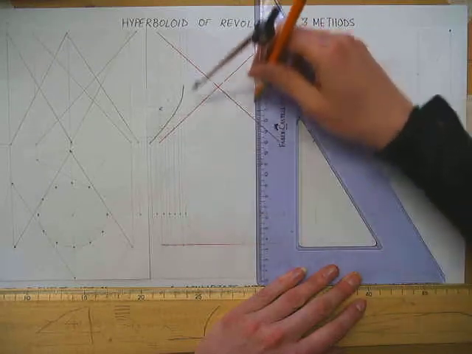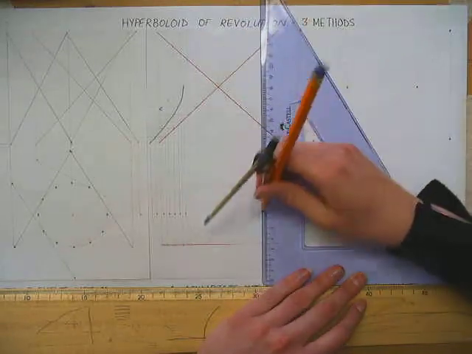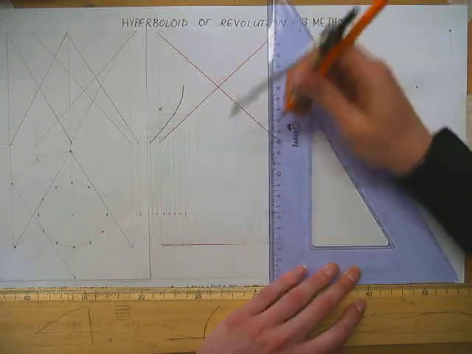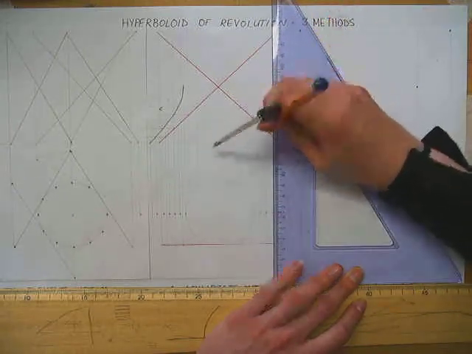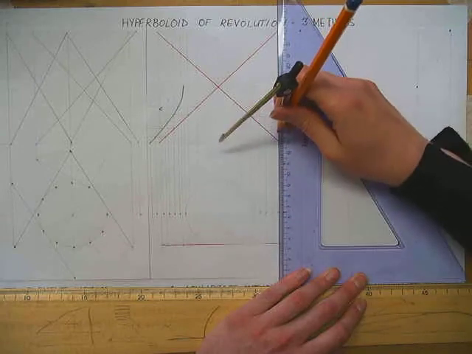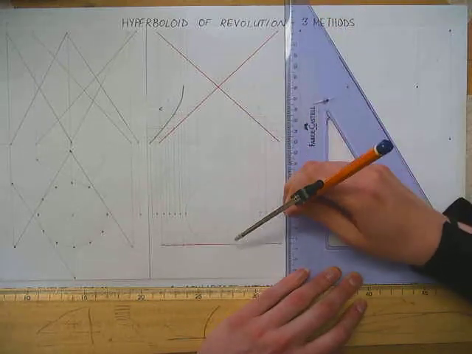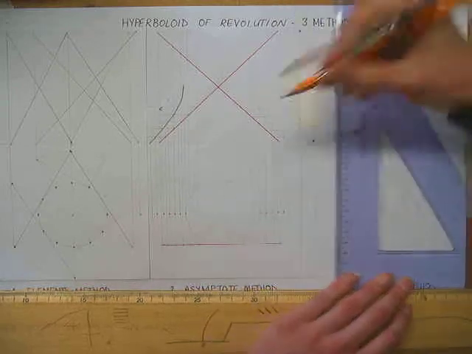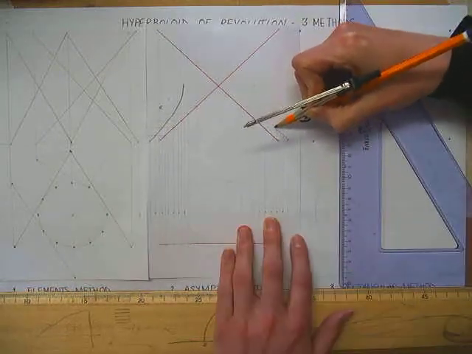So start with the edge point. 1, 2, 3, 4, 5, and finally 6. Draw your curve in.